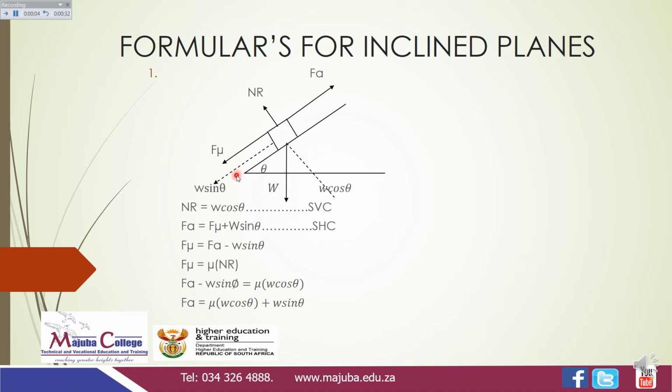If you've got your plane that will be an incline, or that will be making an angle with your horizontal, your weight will no longer be perpendicular to your incline plane. You will construct the force that will be going down, which we are going to call the perpendicular weight component, and the force that will be parallel to your incline, that we are going to call the parallel weight component.